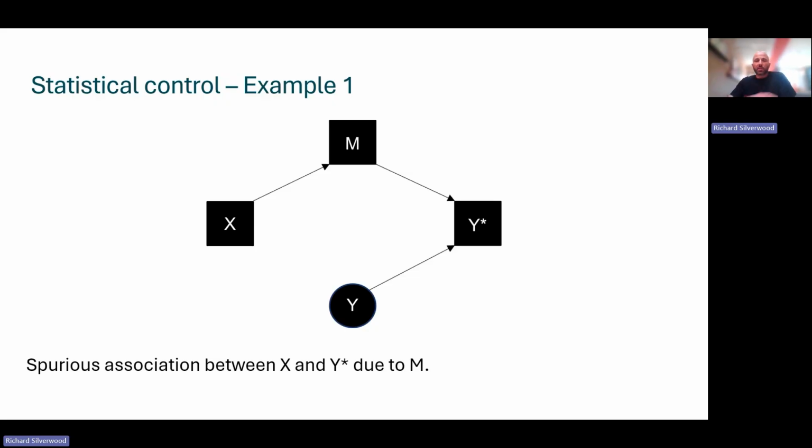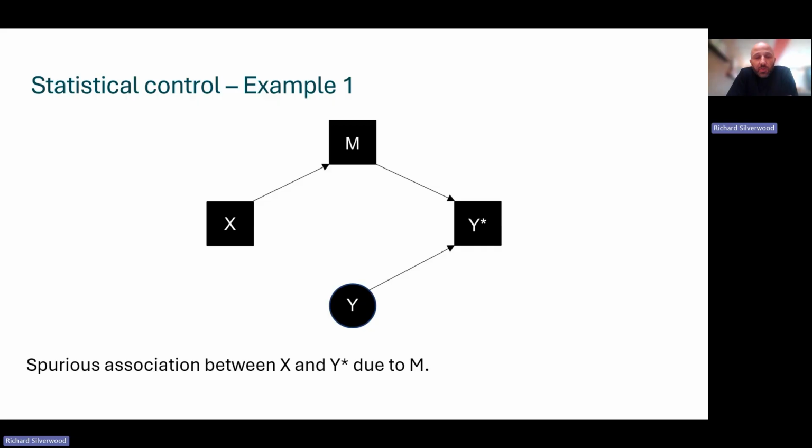So this is a DAG with 4 variables displayed as 4 nodes in the DAG. X is our exposure of interest, Y is our outcome of interest that we don't observe directly. Instead, we observe an error-prone version, Y star, that's subject to mode effects, which are signified by the arc going from M to Y star.